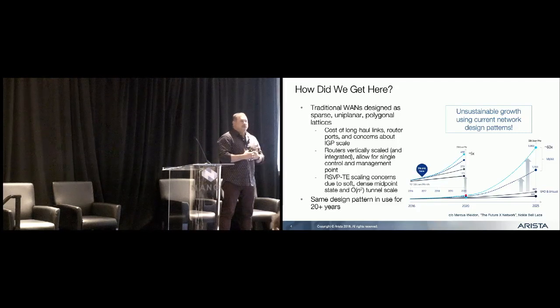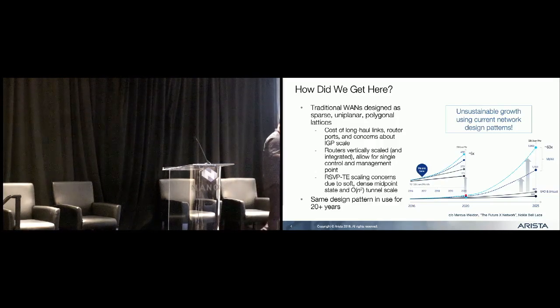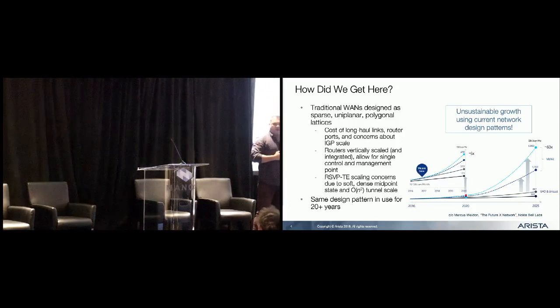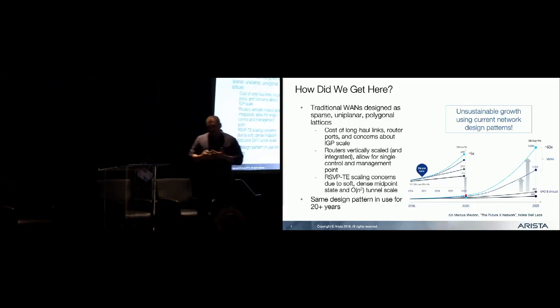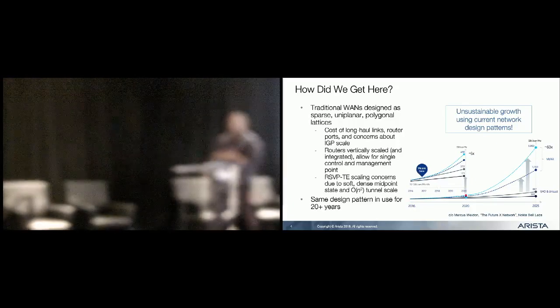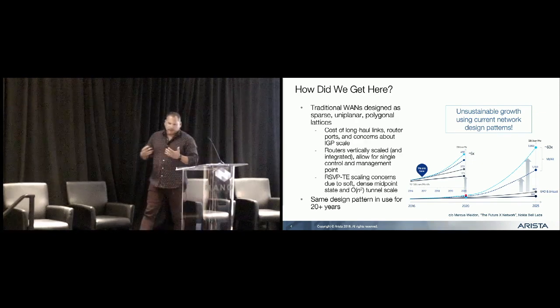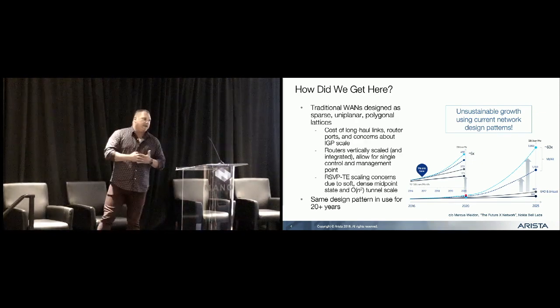And the concerns that we typically have in that case are not necessarily IGP scale, although they do play a role, but more along the lines of things like RSVP-TE tunnel scale. Like what does the midpoint state look like in the middle of a network? And that has led to new protocol development. LDP was, of course, used where scale of RSVP couldn't be tolerated or the lack of scale. And now segment routing affords us even more scale.